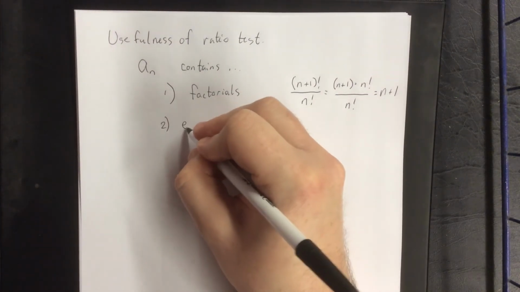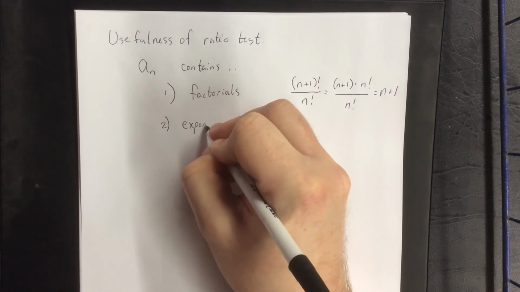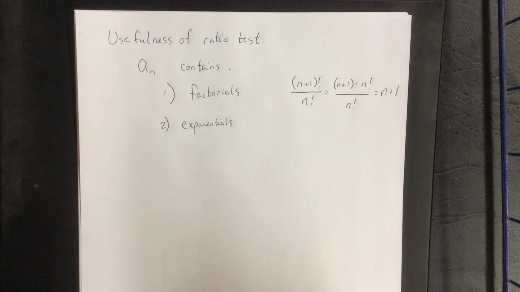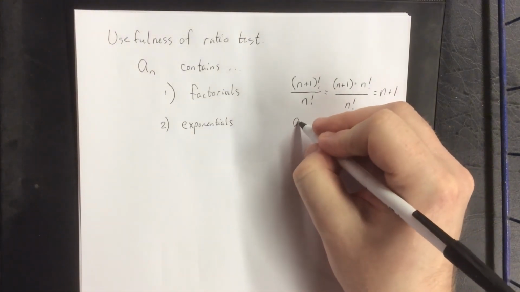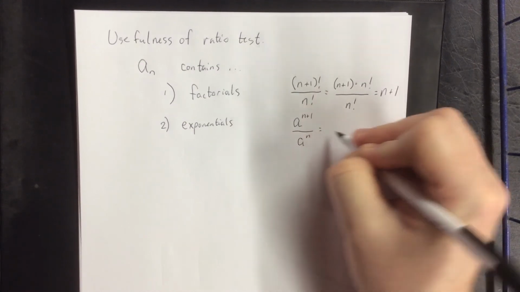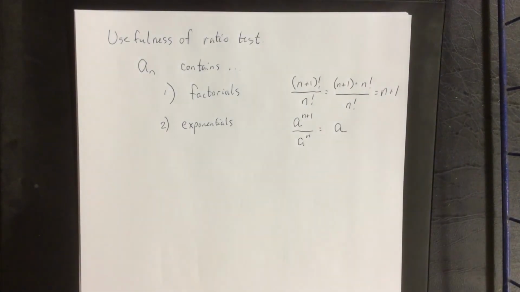This is also going to be very helpful if you have exponentials. Exponentials will be really handy because if you have a raised to the n plus 1 power divided by a raised to the n power, you can use algebra to reduce this very nicely to simply be an a.